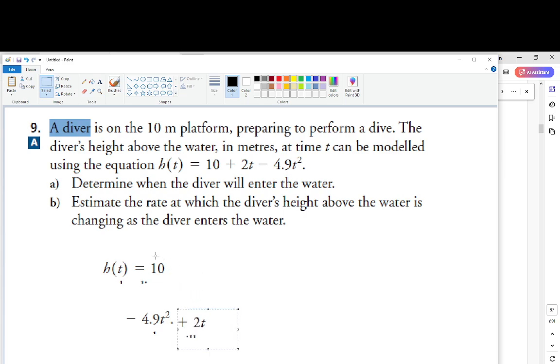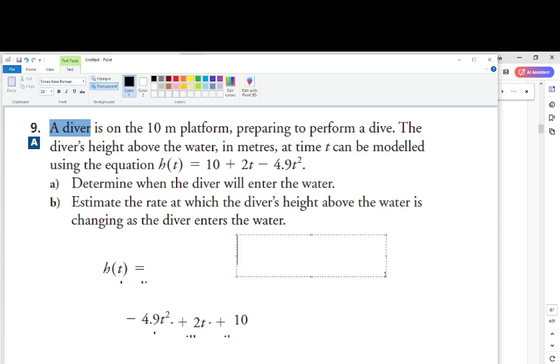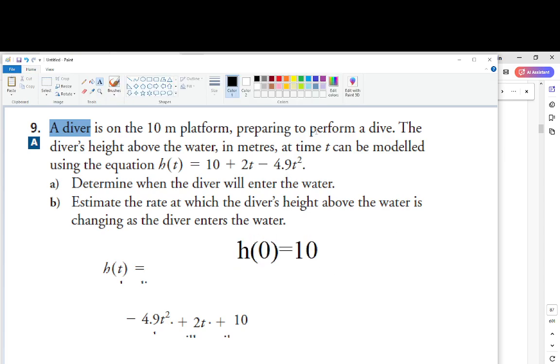You can tell when time is second, this is a plus 10, leads with no negative, so it's a plus. You can tell when time is 0, it's 10. And since they describe that he's standing at 10 meters above the water, it's safe to assume that the graph does one of two things.